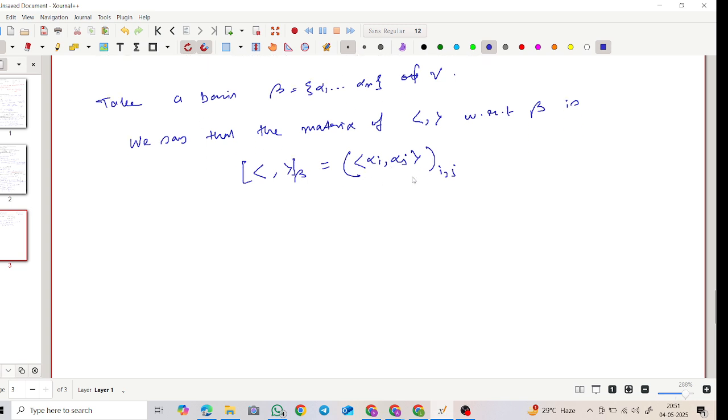So this is your inner product matrix, okay? Suppose you take x equals summation xi alpha I, and y equals summation yi alpha I. What will be your x inner product y?